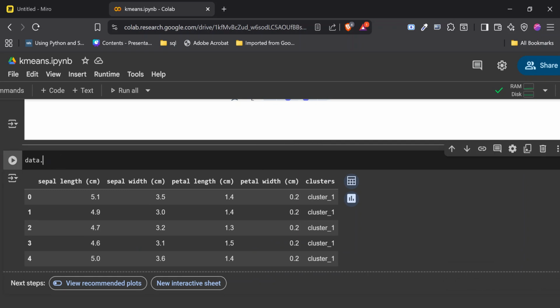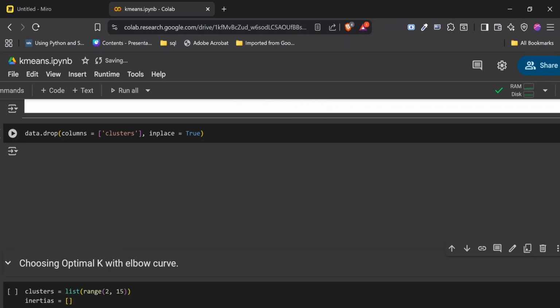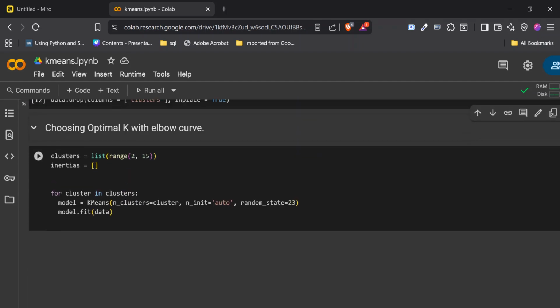I'm going to do data.drop columns, passing clusters like this, then inplace equals True. So that's cool, we are good now.